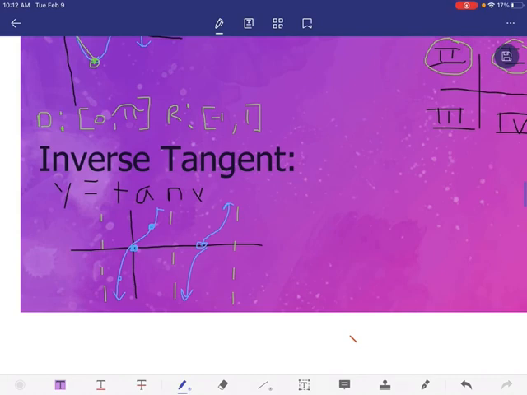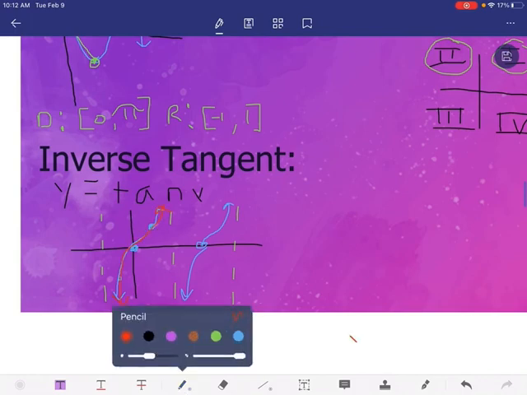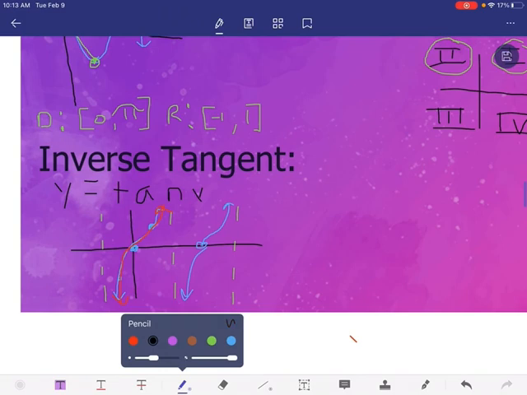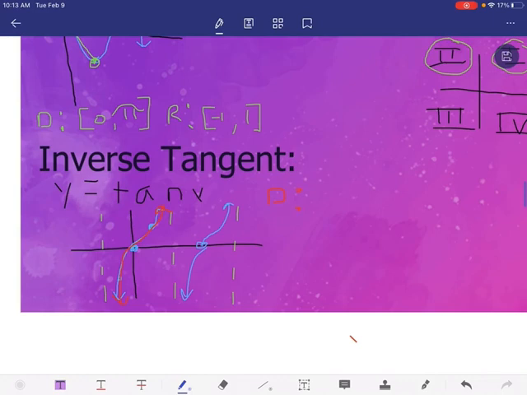So instead, we want to start at that asymptote that's before our y-axis, which recall is at -pi/2. And we will end at pi/2.